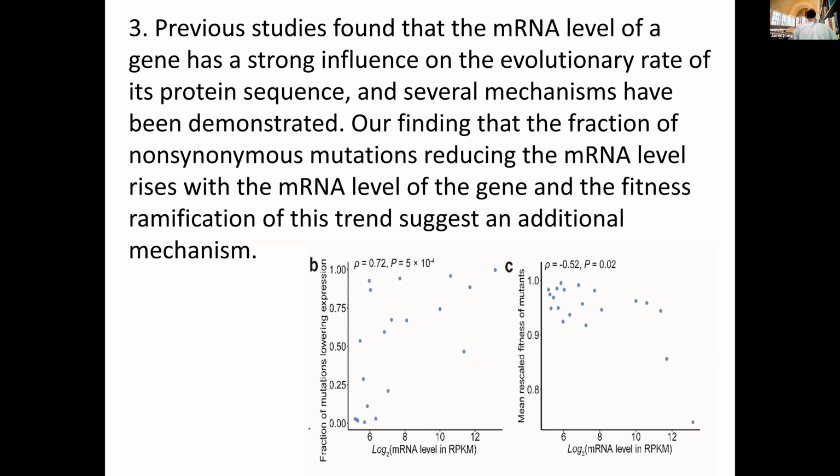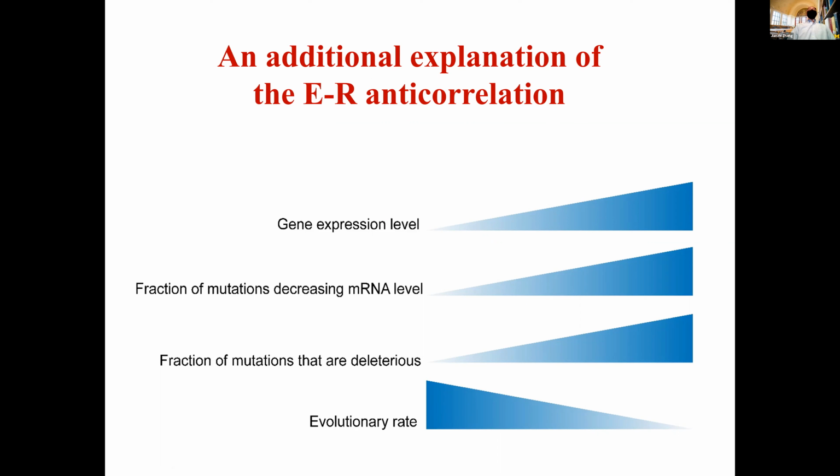So the fraction of mutations that are accepted, in other words, the evolutionary rate, is lower. So this is an additional explanation for the so-called E-R anticorrelation. E is expression level, R is evolutionary rate. So people observe this negative correlation across a whole range of organisms. And our result provides an additional explanation of why this can happen.